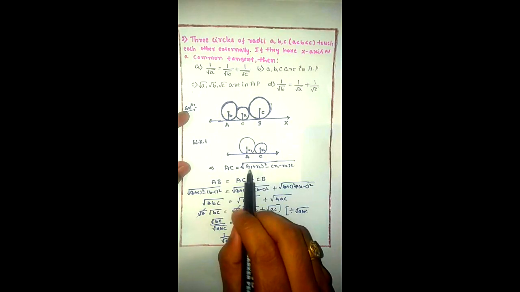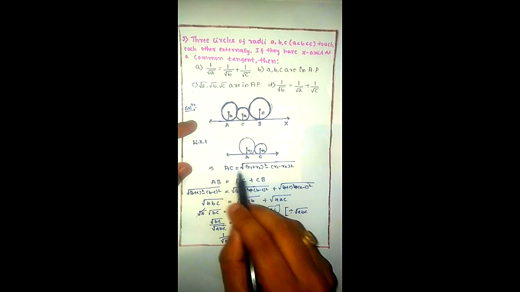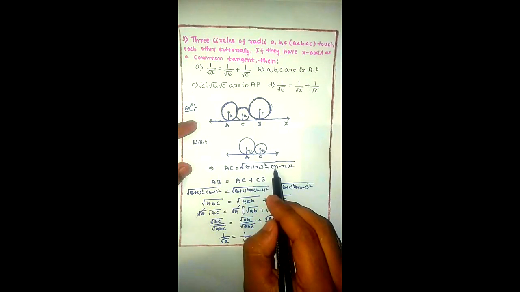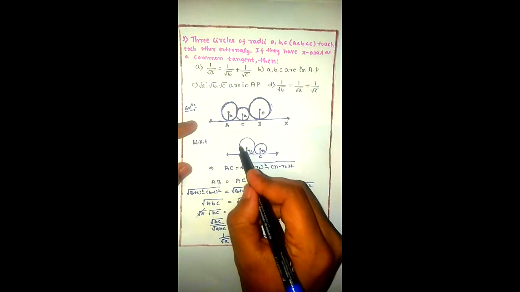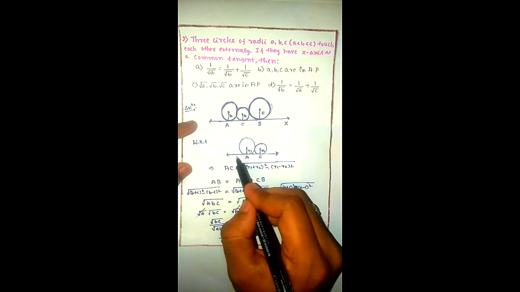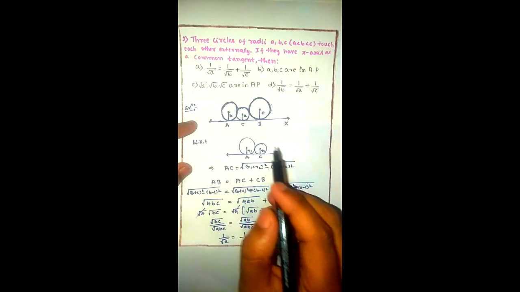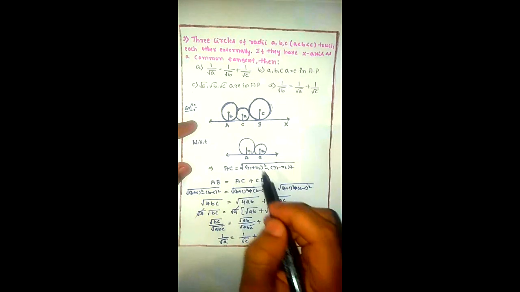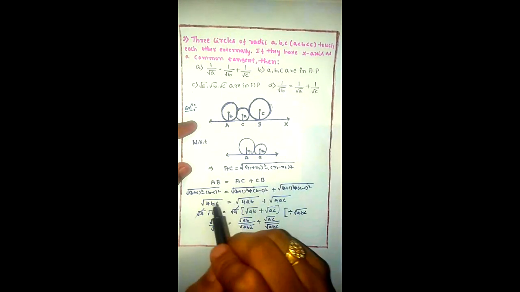If they have radii R1 and R2, the distance is equal to square root of (R1 plus R2) whole square minus (R1 minus R2) whole square. Do you understand? If two circles touch externally having the same common tangent, then the distance is the square root of (R1 plus R2) whole square minus (R1 minus R2) whole square.